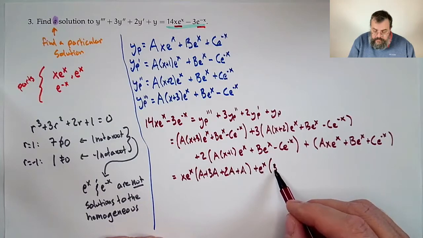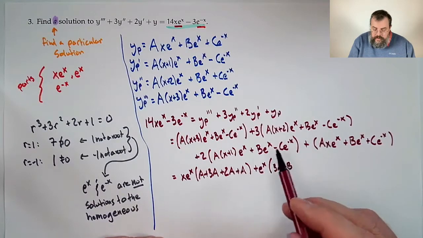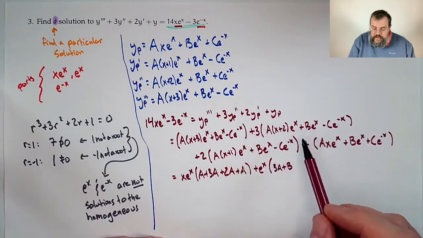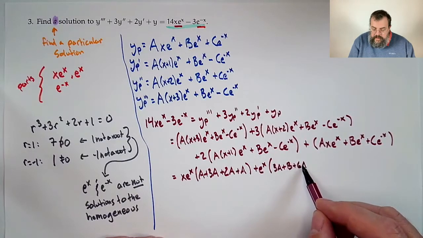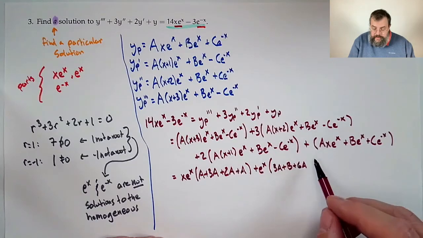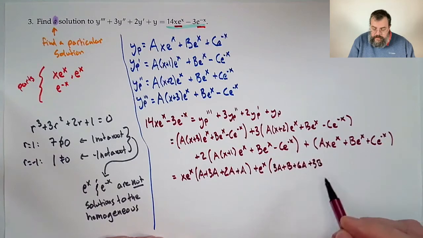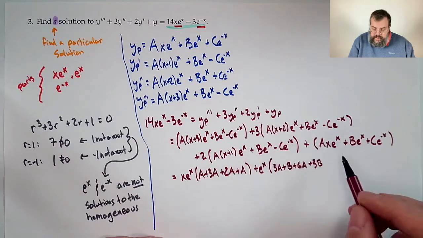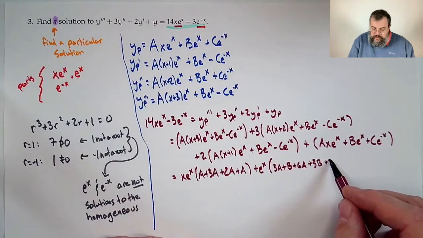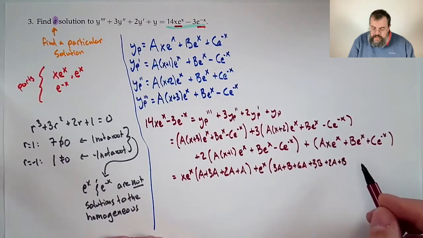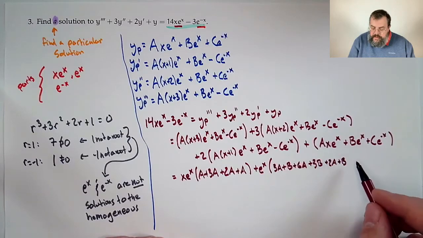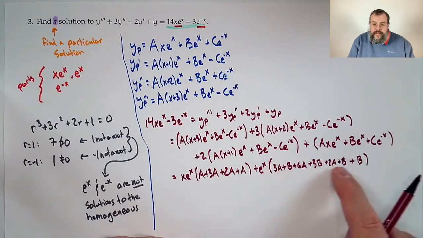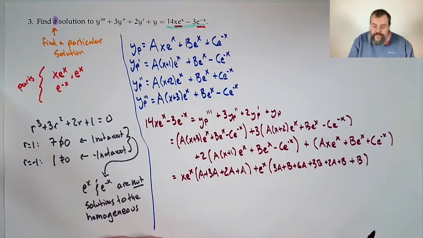That's the first one. Here, we're going to get 2a, but don't forget there's a 3, so that makes it 6a and 3b. That's the second one. Here we'll get 2a and b, so 2a and b, and then just b. All right, so there we go. There's our e to the x terms.